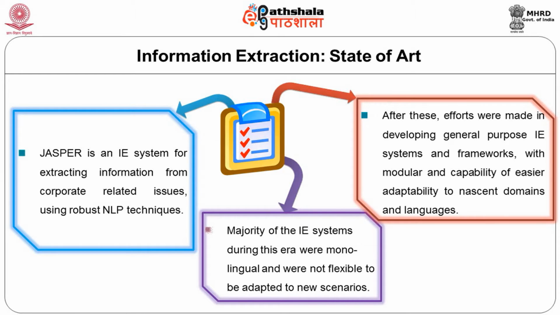As we saw, A-Trans and Jasper were in particular domains, mostly financial and corporate domains, and after that experience, efforts were made in developing general purpose information extraction systems and frameworks. These frameworks had modular capability and easier adaptability to nascent domains and languages.